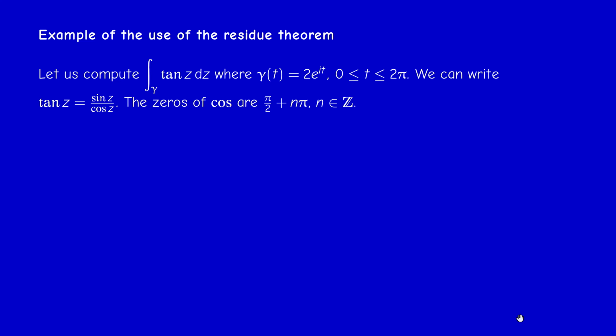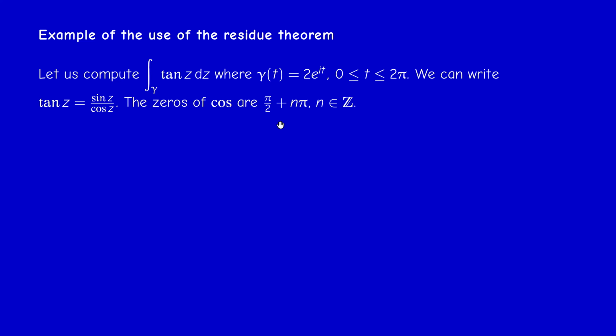When we want to integrate a complex variable on a loop, we must see what the singularities are. The singularities of tangent are actually the zeros of cosine, which are, as we know, pi over 2 plus n pi.